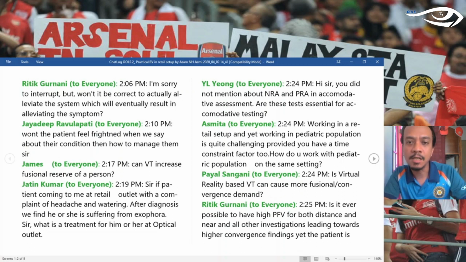So to answer Asmita's question, yes, it is challenging. That's why you have to modify your examination session accordingly, according to the needs, requirements and the importance of the test to the patient. After all, what we want to focus on is the well-being of the patient.